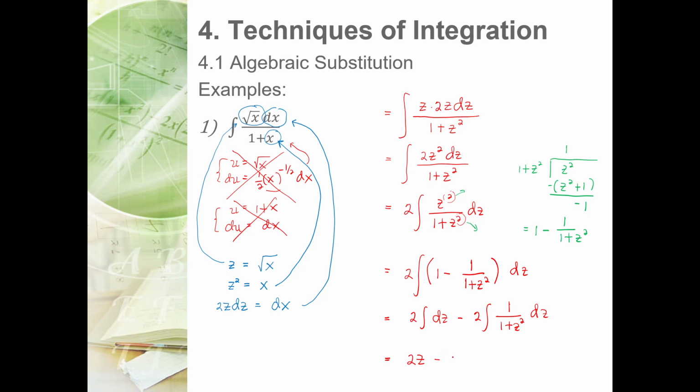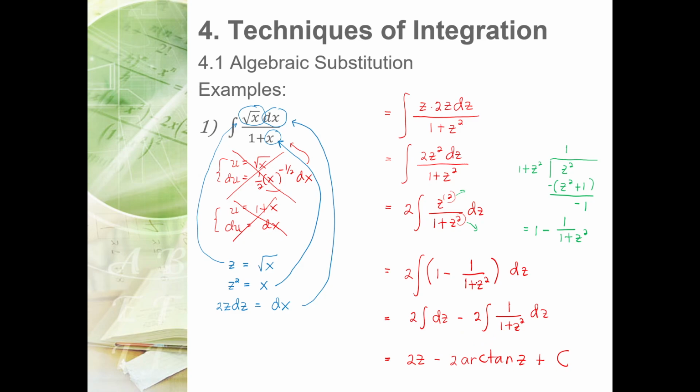So automatically this one becomes 2 times arctangent z plus c. Of course there's no 1 over a because your a squared is just 1 and a is still 1. That's why there's no 1 over a anymore.